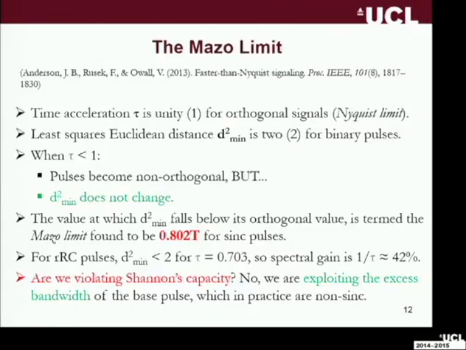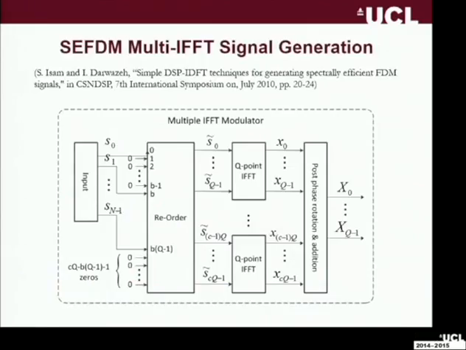And by doing so, you can actually squeeze more bits within the same bandwidth for practical situations. From a theoretical perspective, sinc is the best you can do, yeah? So you've got a nice rectangular pulse and you've got infinite bandwidth. But in practice, you cannot achieve this. So this is where SEFDM and FTN consider the situation from a practical perspective. Okay? Still with me? Okay, not lost, not run away, okay.